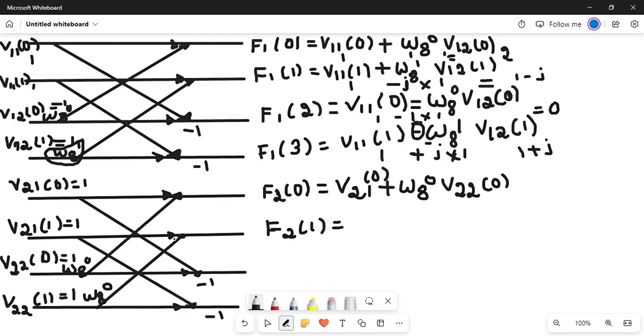So this is v21 of 1 is passing through this line, and for this particular line v22 of 1 along with omega e⁻0 is coming from this diagonal line and reaching this point.